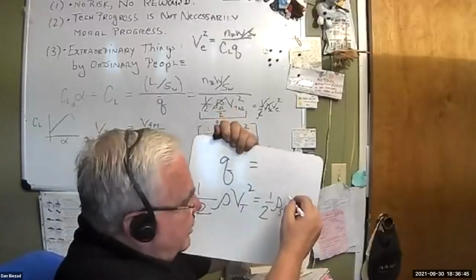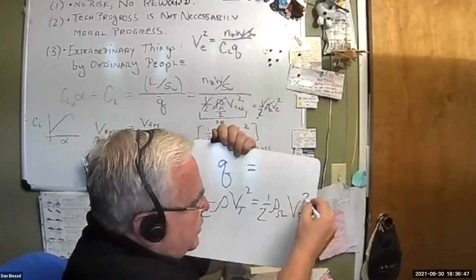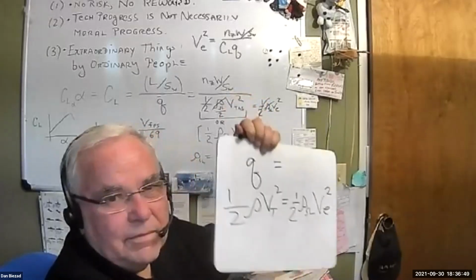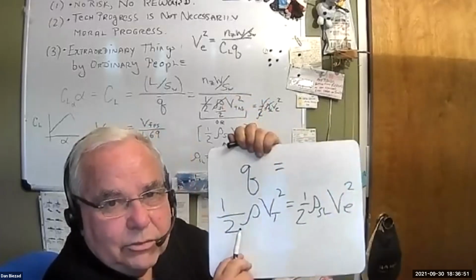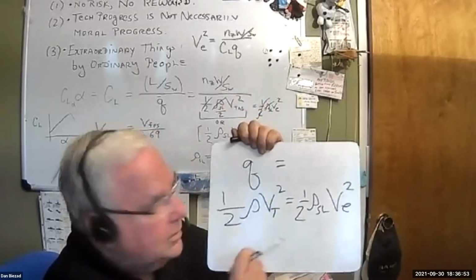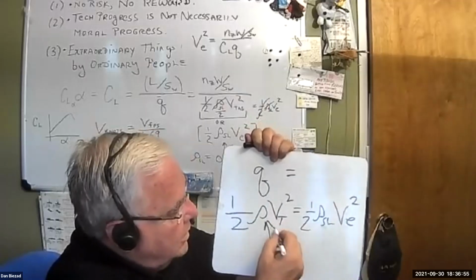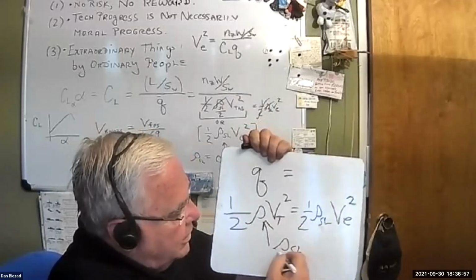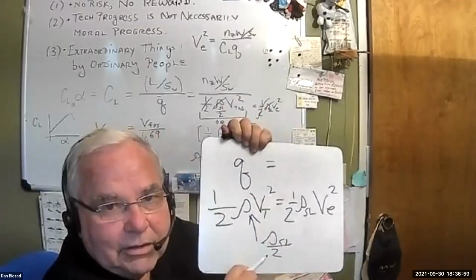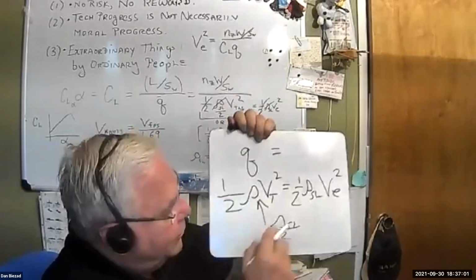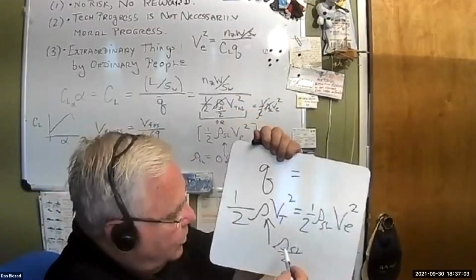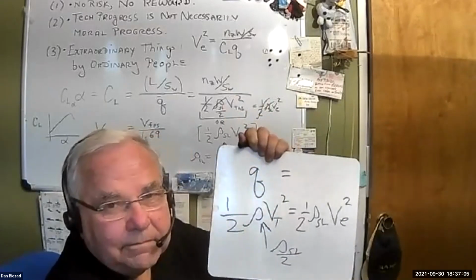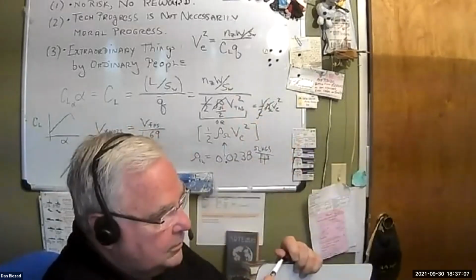So that's the formula you would use to solve this problem. You would just take this one and put rho SL over 2, and then solve for VE because the rho SLs will cancel. You see that?